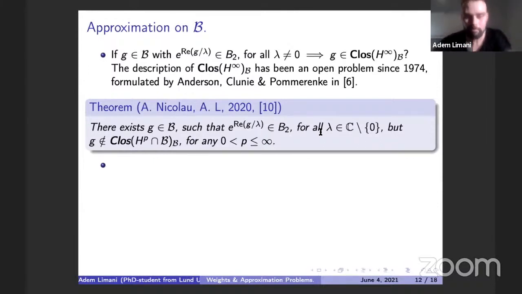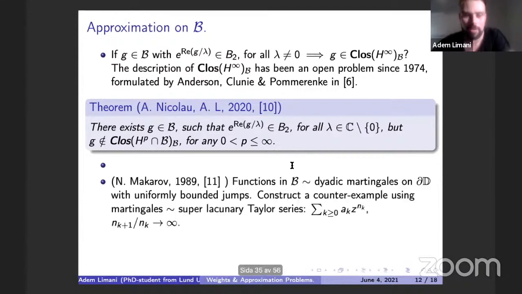Nevertheless, we started working on this. And the main idea was using tools from earlier work by Makarov. Basically, instead of looking at analytic Bloch functions, we tried to discretize the problem and investigate dyadic martingales with uniformly bounded jumps.